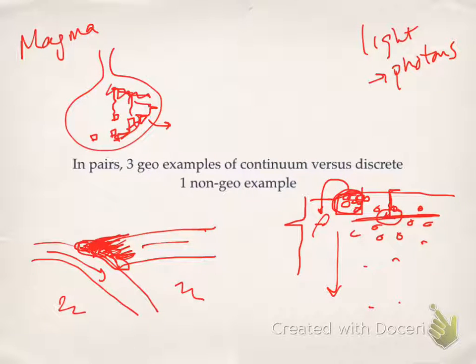So you could define your composition based on a certain percent of different minerals, and have that be a continuum property that would evolve, like a percentage of X, a percentage of B, a percentage of all these different minerals.